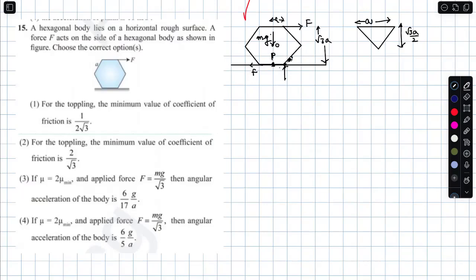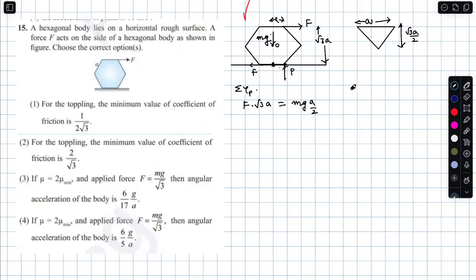So about this point P, the condition is F root 3a. Don't write 3a by 2, because there are two such triangles. This is mg a by 2. If your F exceeds this, the net torque topples it about P.